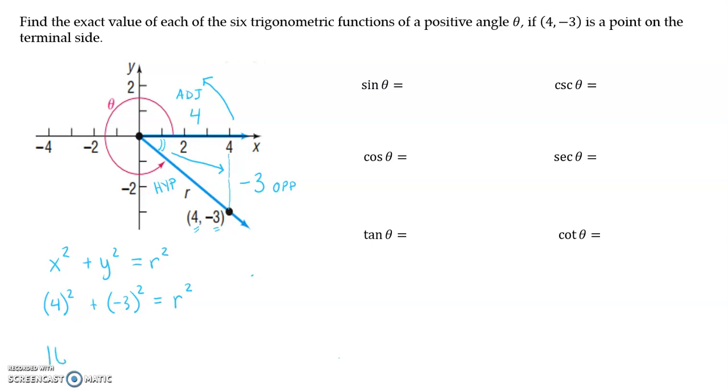This is going to give us 16 if we square the 4. (-3) squared is going to give us a +9. And if we add those two values together, that means our r squared value is going to be 25. So the length of our radius in this case is going to be 5 units.